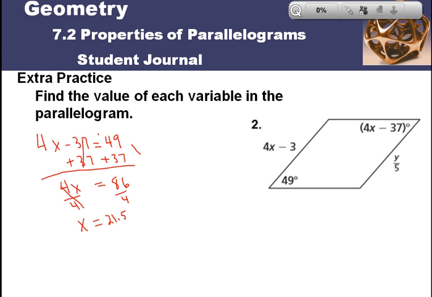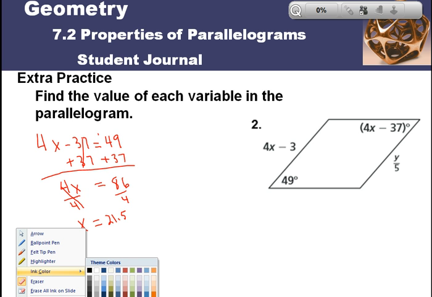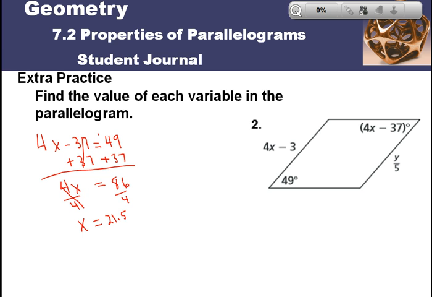So we're going to have to plug in. I'm going to take this, again I'll get a new color, we'll go back to that purple color. I think I might erase this. Okay, so we'll go with the purple. If I take this 21.5 and I plug it in here for x, right?